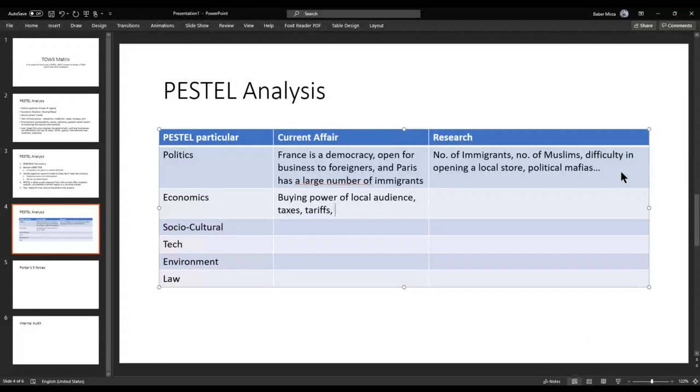I would say also economic situation would be, well, this is a current affair. This is all I know at the moment. So buying power, local audience, it's usually high. Taxes, there are a lot. There might be some tariffs. So what the research would hold is, I would say, understand the tax structure.